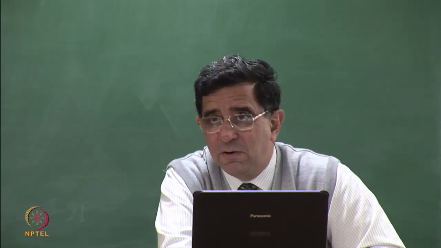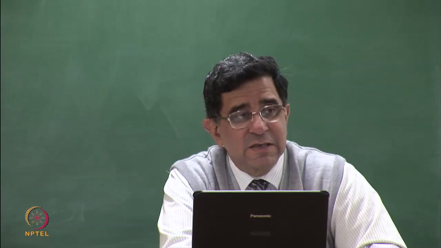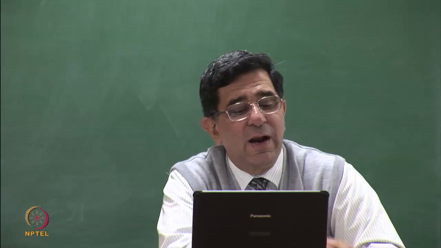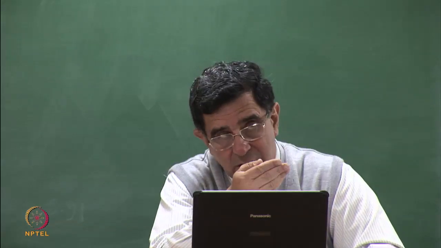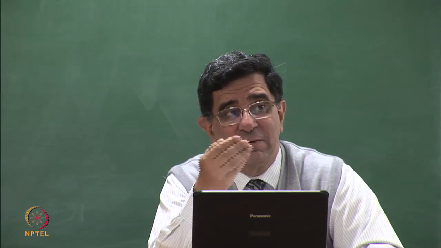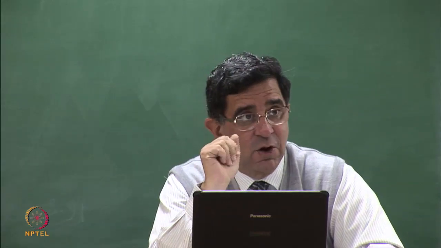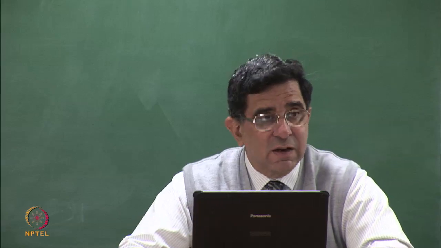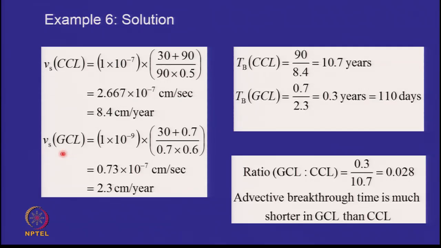That's a huge amount of time. Just if you had a much lower permeability of the soil, let us say 5 into 10 to the power minus 8, then it would have been even longer.